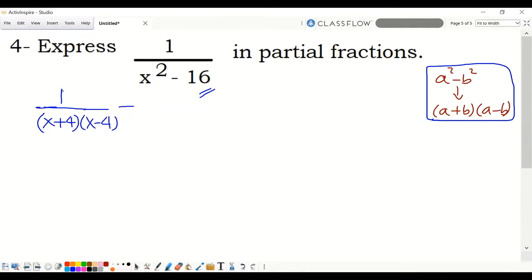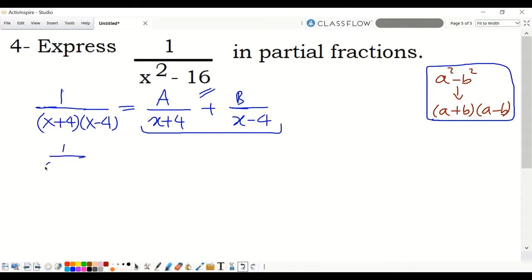Okay? And now we will assume A over x plus 4, the first factor, plus B over x minus 4, the second factor. And we have to find the values of A and B. To find that, we should first merge these two parts.